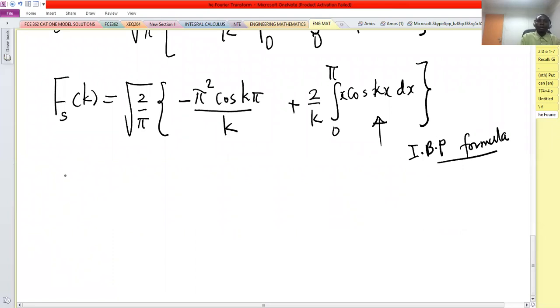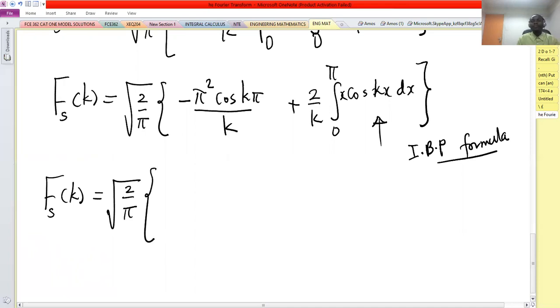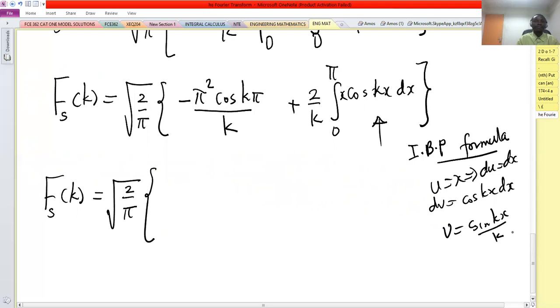So the Fourier sine transform is square root of 2 over pi. Here we let u be x, which means du equals dx, and we let dv be cos kx dx. On integrating, v will be sine kx over k.